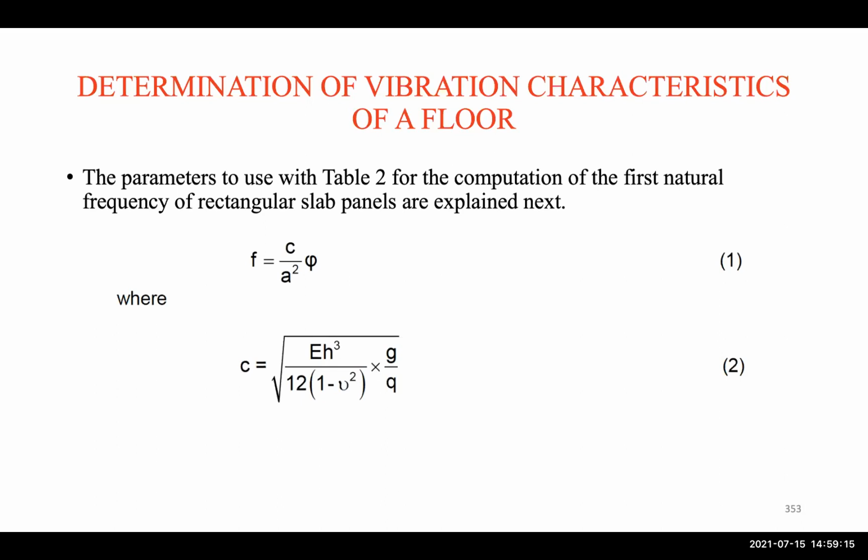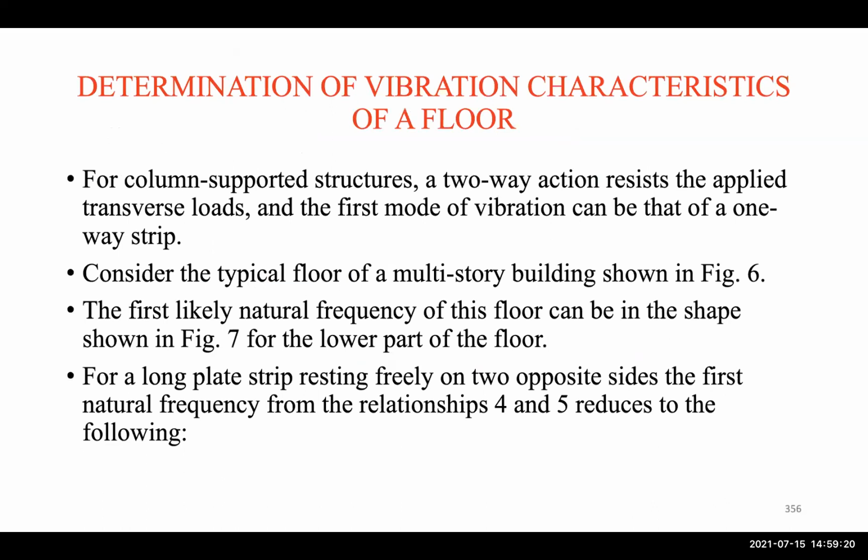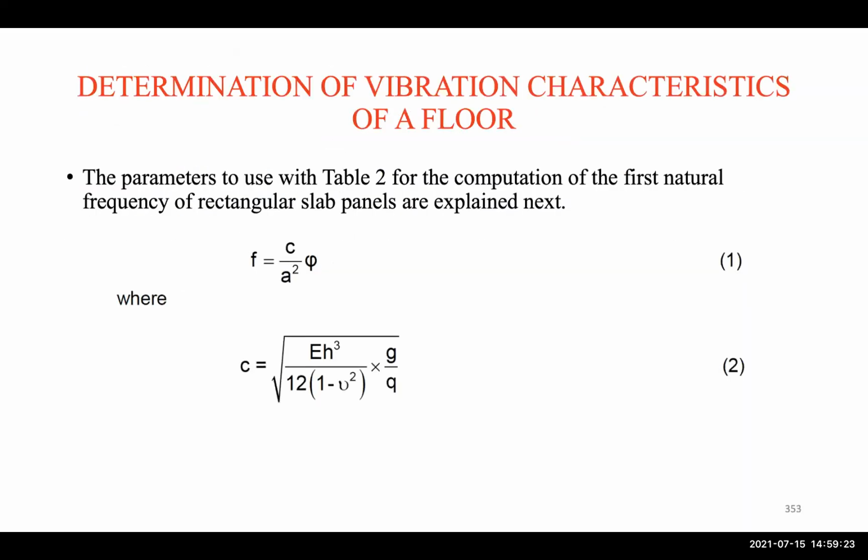And then the parameters to use for the calculations are given here. We have the first natural frequency of a rectangular slab panel given in this equation. Okay, and then C is a function of the modulus of elasticity, the depth, Poisson's ratio, g, and the applied load, actually the weight due to human activity on the floor.